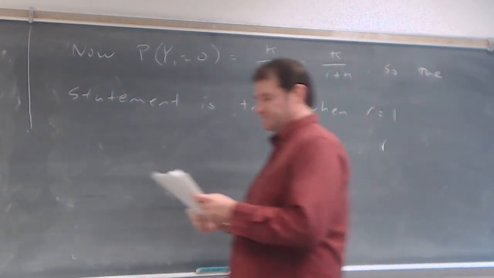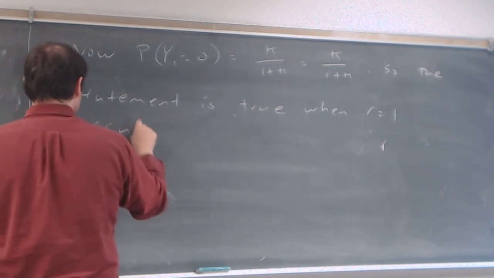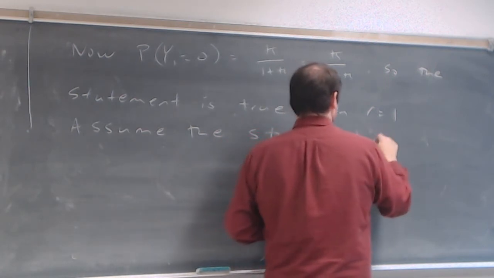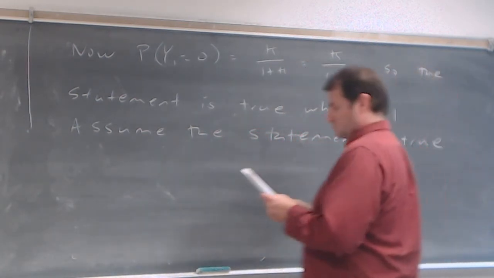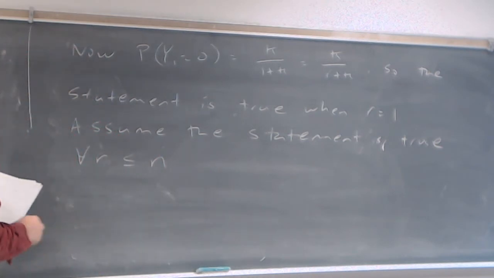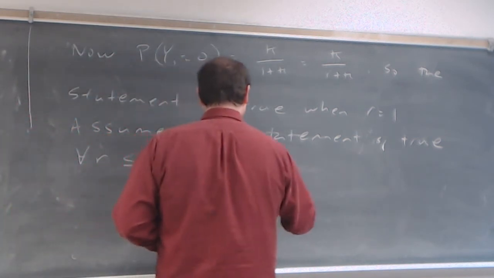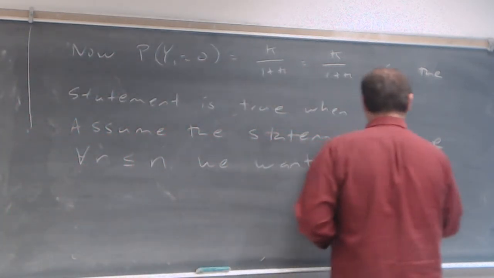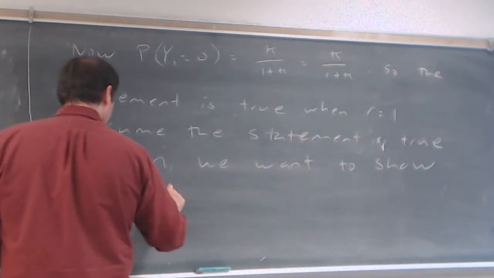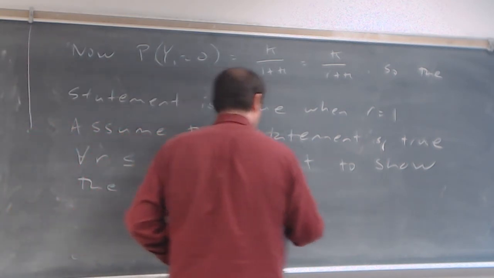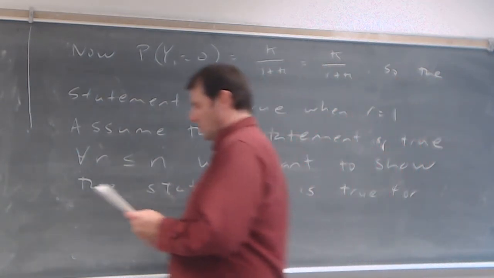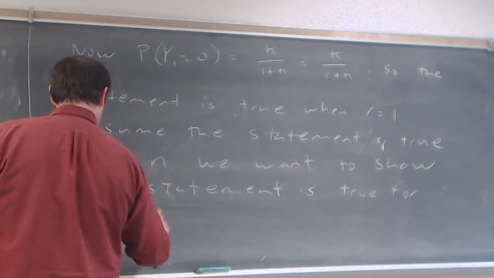Okay, for the strong induction, we assume the statement is true for all R less than or equal to some arbitrary but fixed N. We want to show the statement is true for R equal to N plus 1.